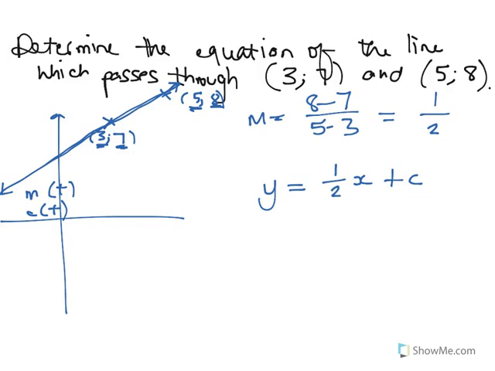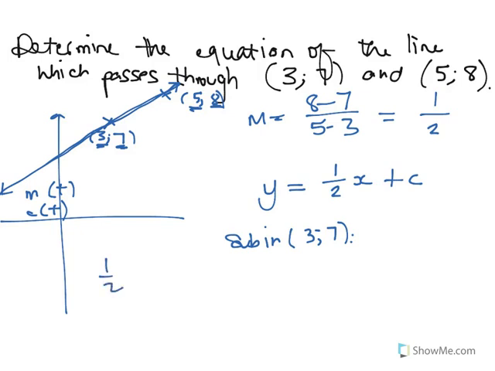So that's the function. Takes my input, multiplies it by a half, and then adds c. That gives me my output. So now I can take either of my points and use them to work out what c is. So let's sub in (3, 7).